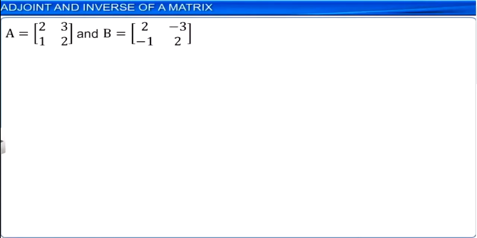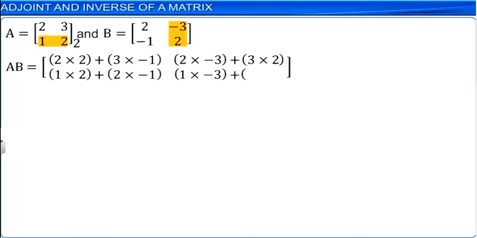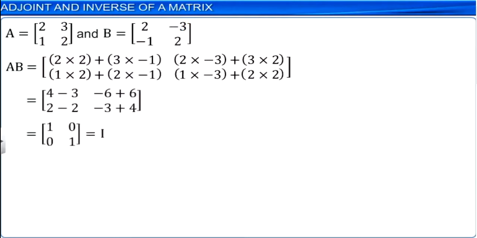Consider two matrices A and B shown here. On evaluating the product of matrices A and B, we get an identity matrix.